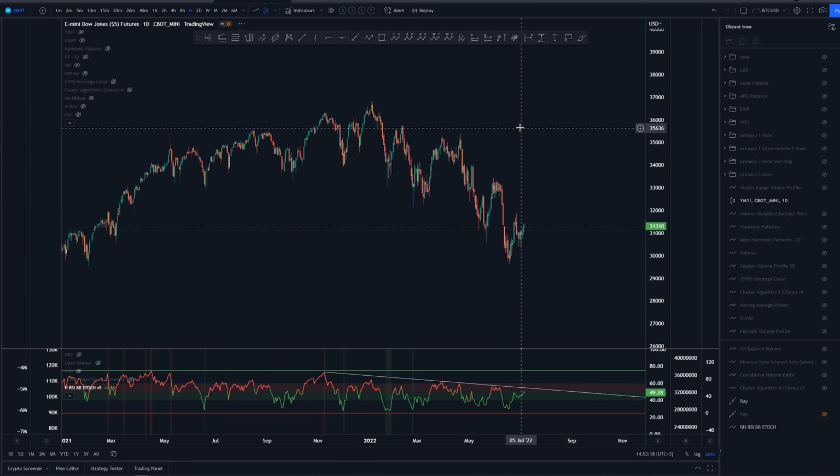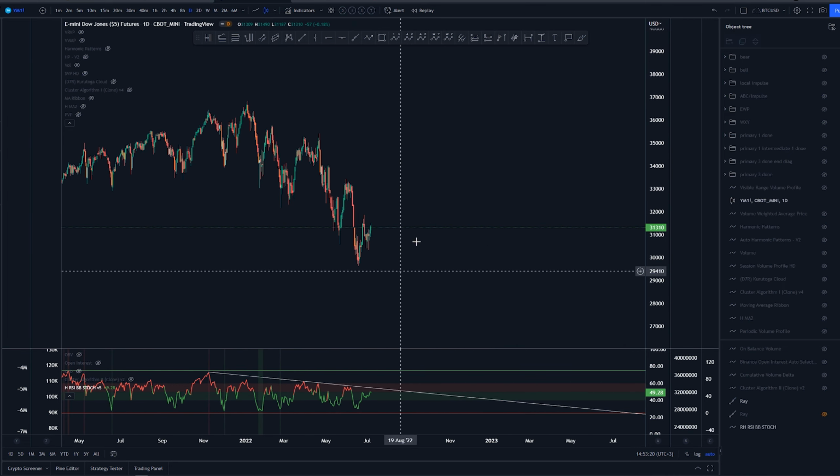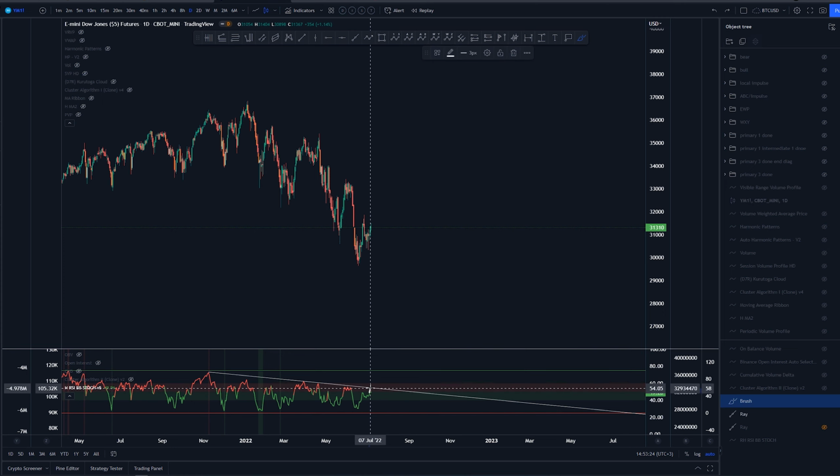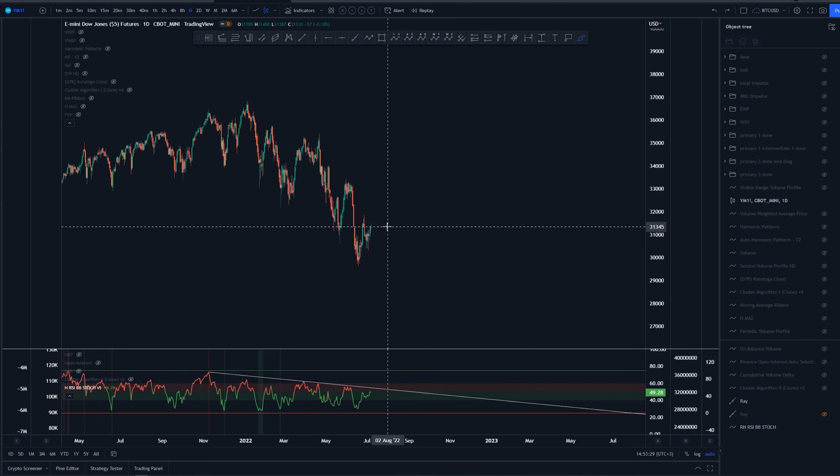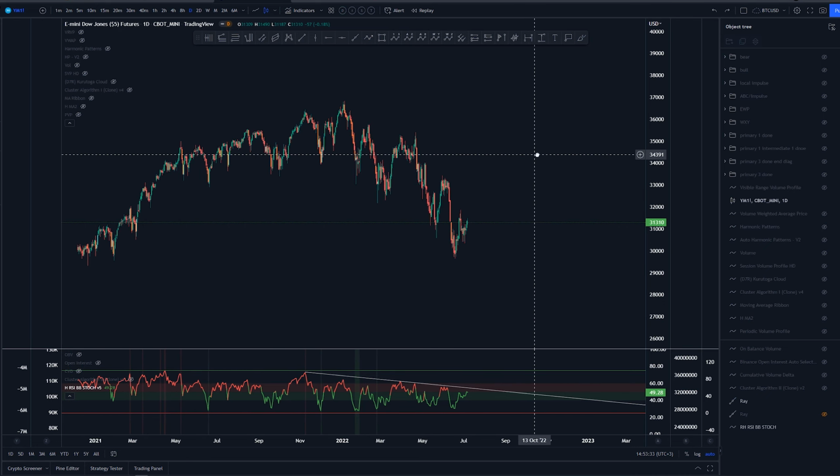On daily, we have pretty much the similar trend line. We have some room here, however, for a couple of days to get back up to that trend line. So again, very similar to the weekly time frame here on the daily.